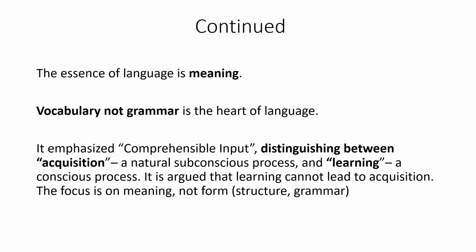The focus is on meaning, not form or structure. There must be communication, interaction with the words. And when the meaning is clear, don't worry about structure and grammar. Leave all these things aside for a while.